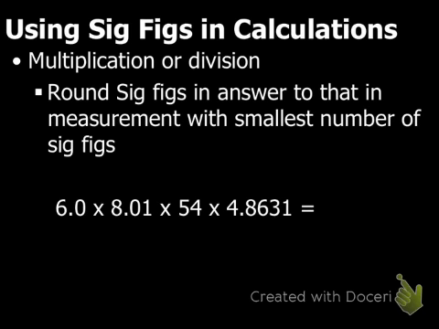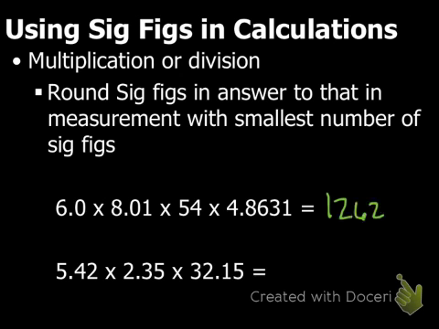So if we look at our example problems here, that first one, we have 6.0 times 8.01 times 54 times 4.8631. Okay, so if we look at that, our answer on our calculator is 12620.91164.